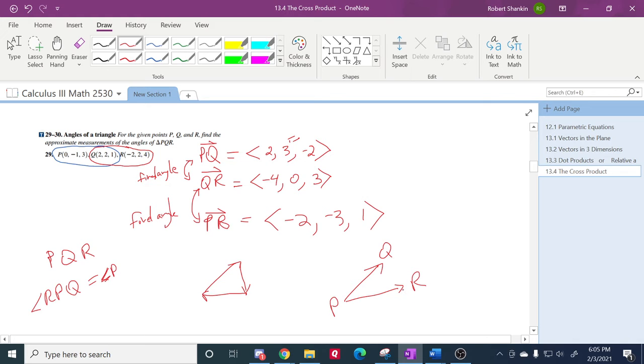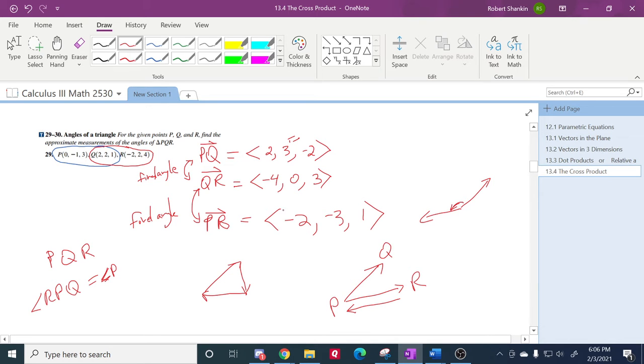then the angle is like you're taking one and then the other, P to Q to R. And if you did it RP like this, then you're going to be getting a different angle. You'd be getting this angle.